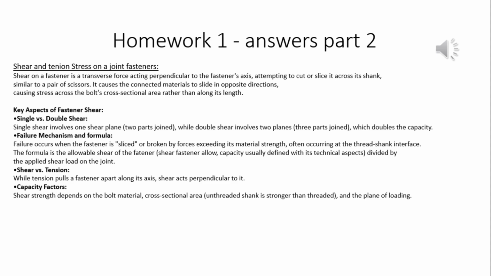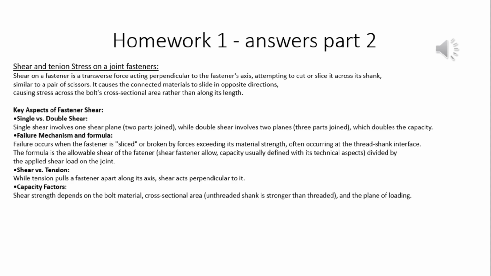It causes the connected materials to slide in opposite directions, causing stress across the bolt's cross-sectional area rather than along its length. So there is single shear and there is double shear.